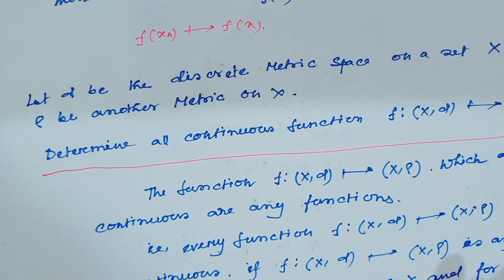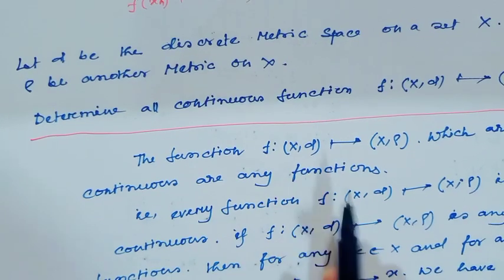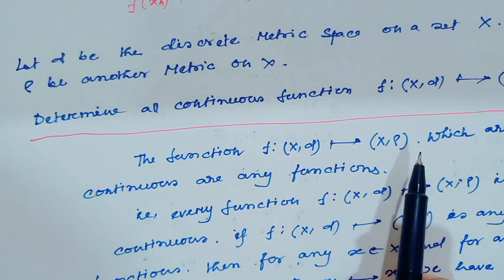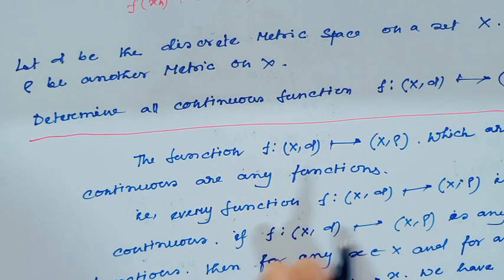In discrete metric space, any function is a continuous function. Why is this? Because at first consider the function f from (X, d) to (X, rho), which can be any function.